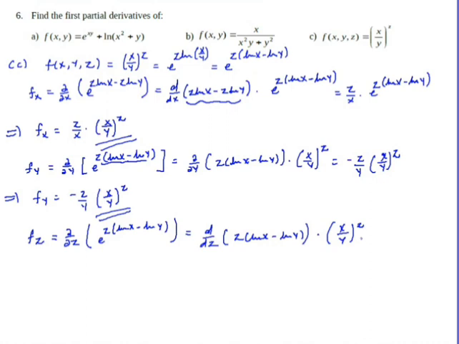So this becomes (ln x minus ln y) times (x over y) the whole z. So our fz here becomes (ln x minus ln y) times (x over y) the whole z.